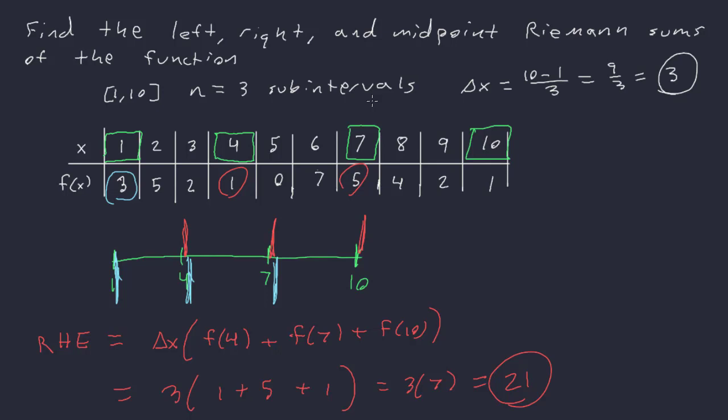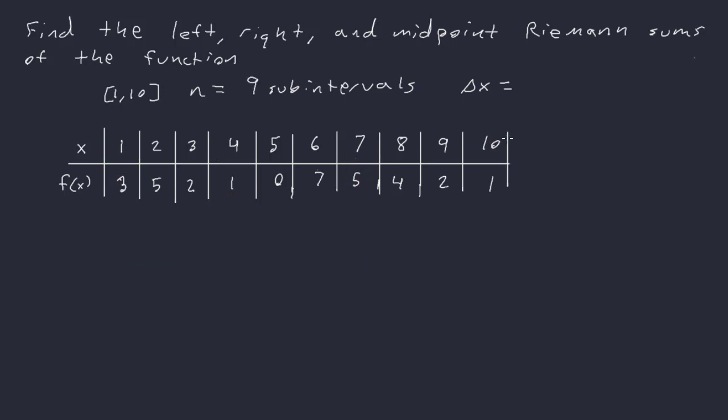However, we could also use more subintervals to split this into more pieces. So for part B, what we're going to do is look at this with, let's do 9 subintervals. We're looking at the interval from 1 to 10, and we're going to do 9 subintervals.